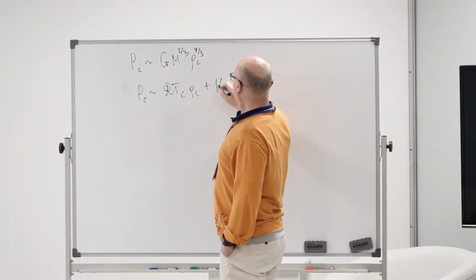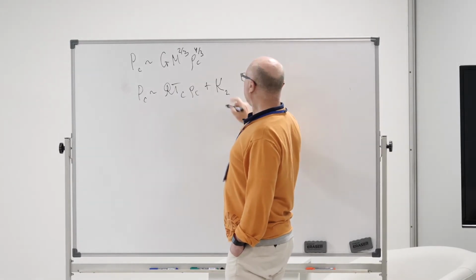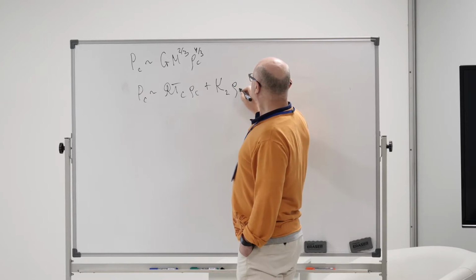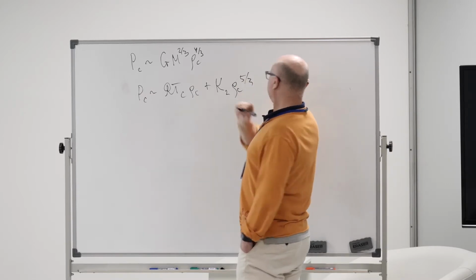plus the non-degenerate term with a constant we call K2, times rho central to the power 5/3.